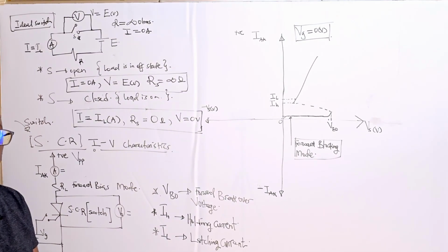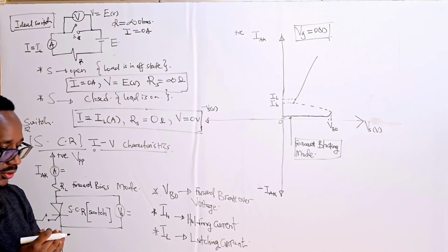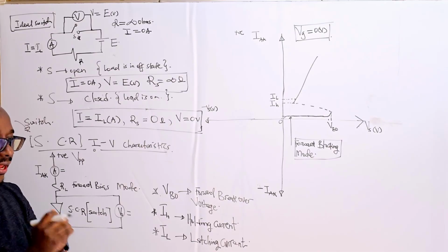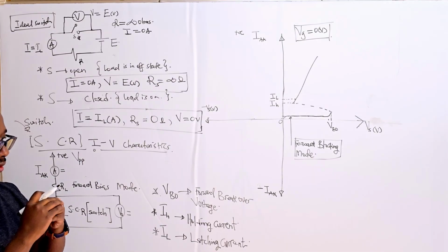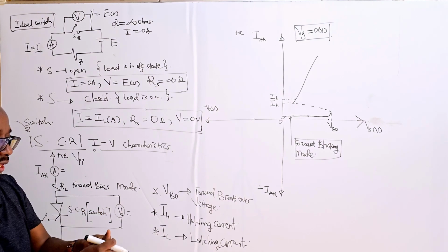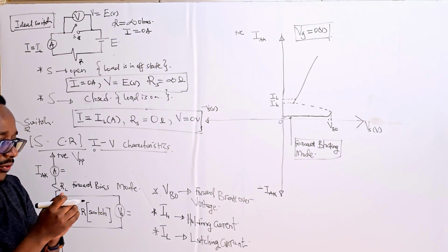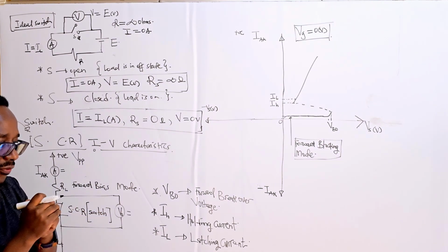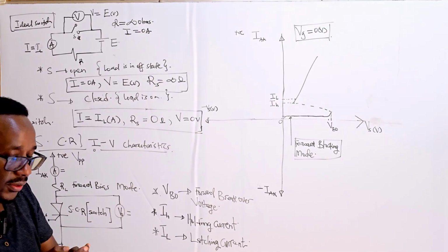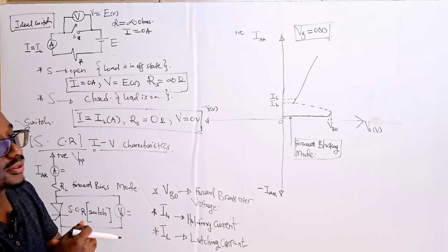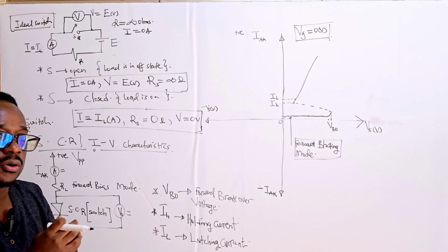This is the amount of current flowing through the anode and cathode, IAK, required to maintain the SCR in full forward conduction mode even with the gate current turned off.